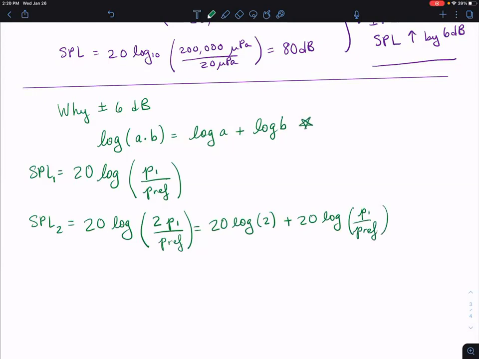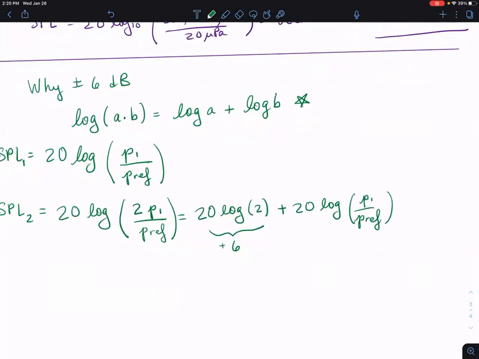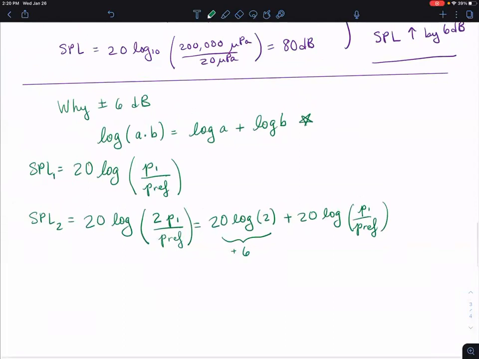Now it happens that 20 times log of 2 is about 6, so plus 6. So if the pressure doubles, this is your original SPL1 at the first location, and you add 6 decibels.